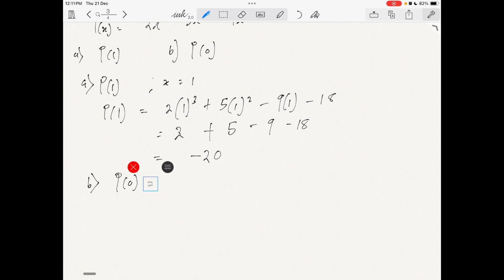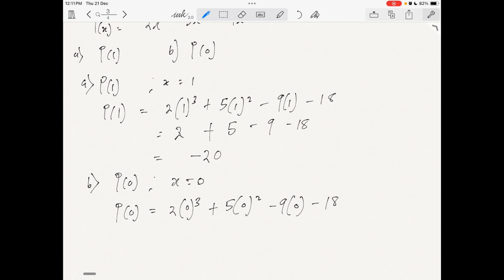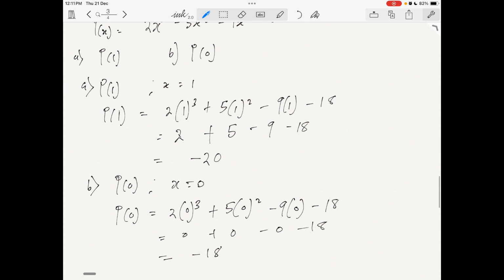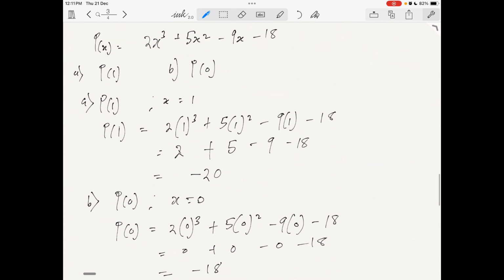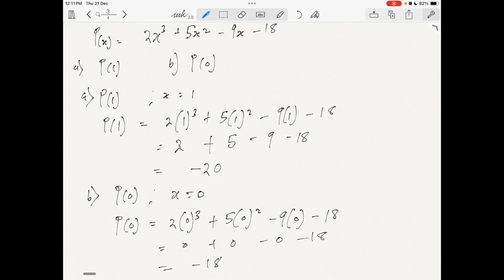At p of 0, x is equal to 0, so wherever we see x we substitute 0. So p of 0 is 2(0) to the power 3 plus 5(0) to the power 2 minus 9(0) minus 18. That will give us 0 plus 0 minus 0 minus 18, and this gives us minus 18. So the understanding that we substitute the value of x equal to a, and this will give us p of a, is very important.